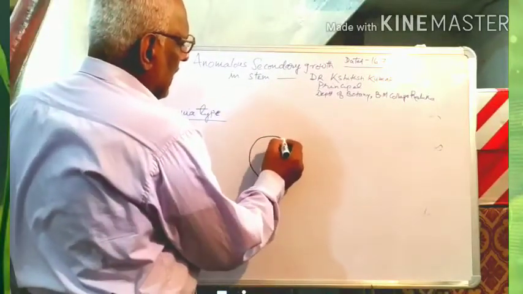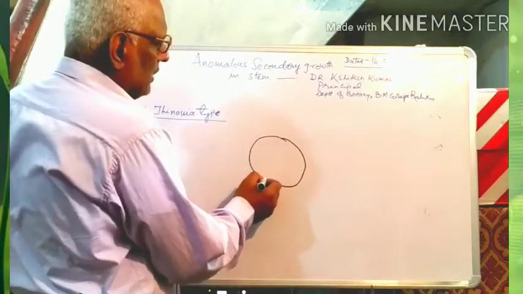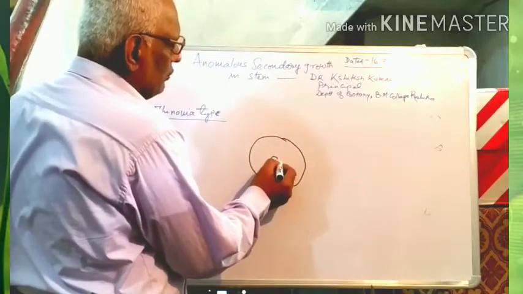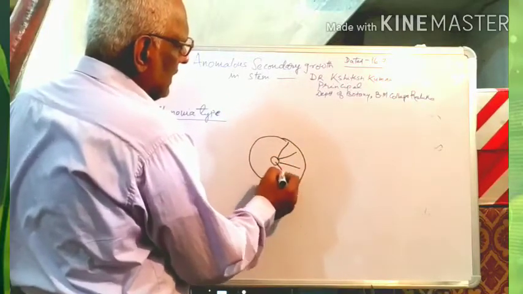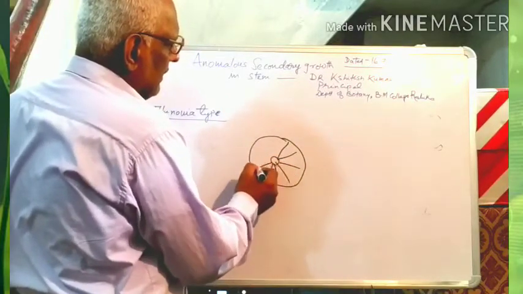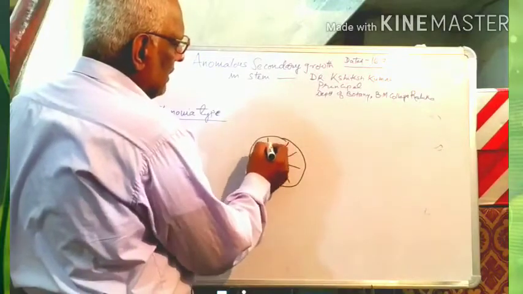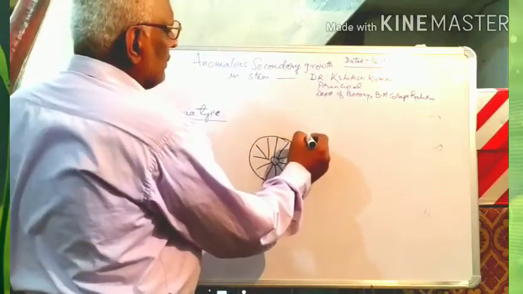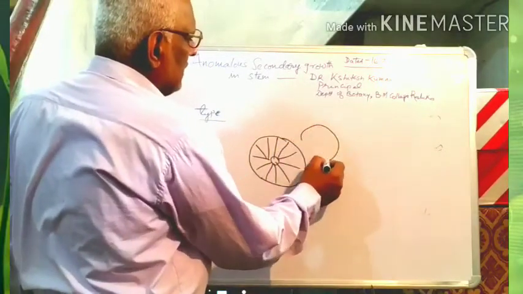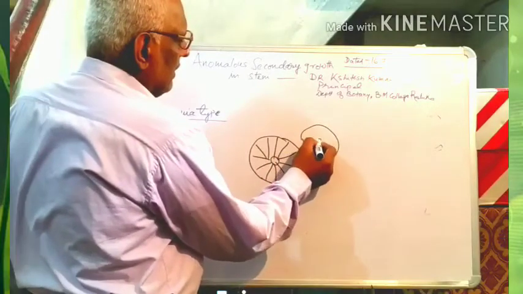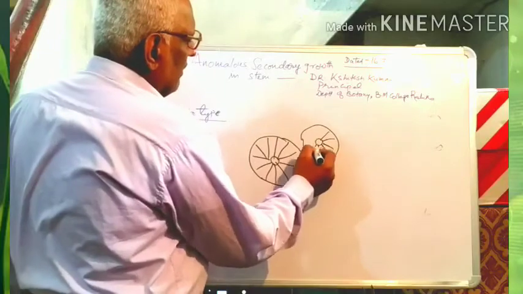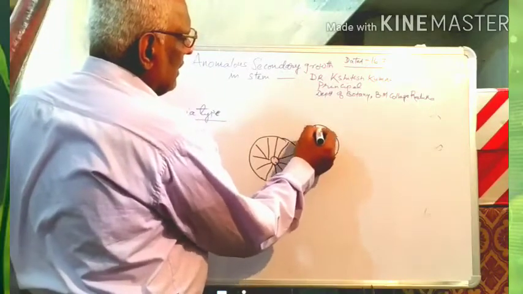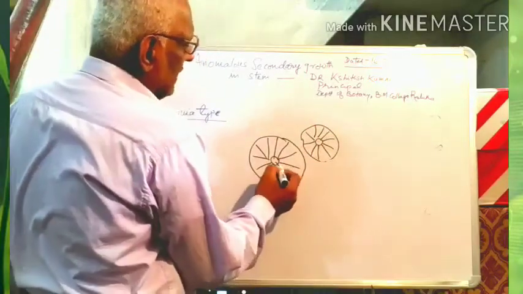After the secondary growth, you will find here the central stele, and around this several peripheral steles are found, and this is the secondary tissue.